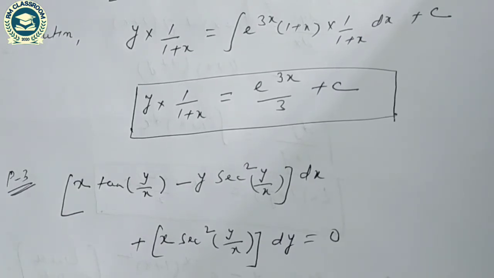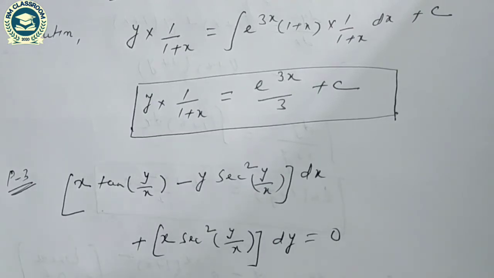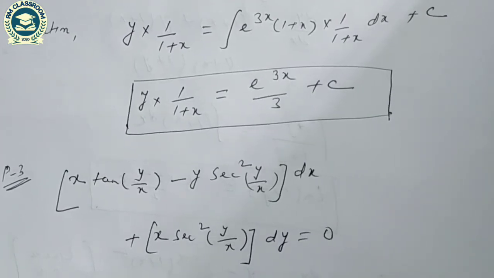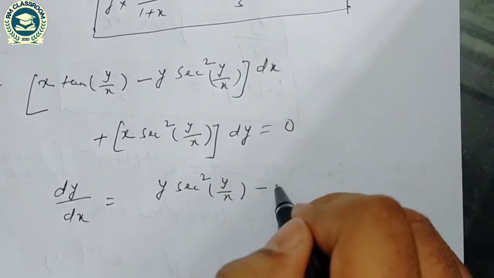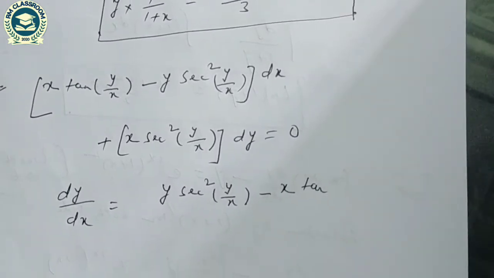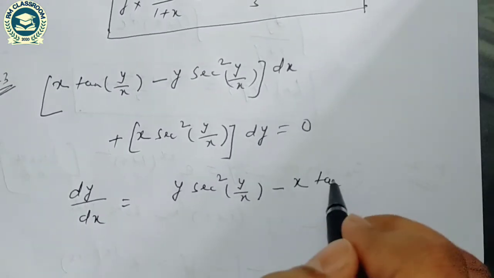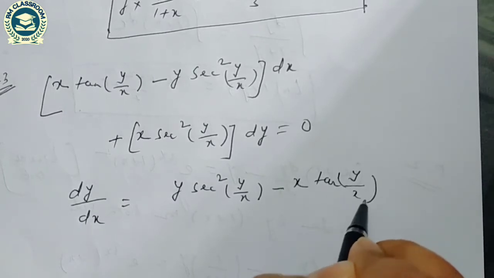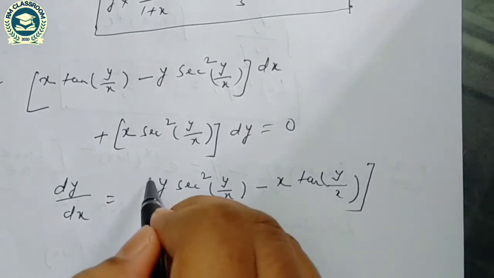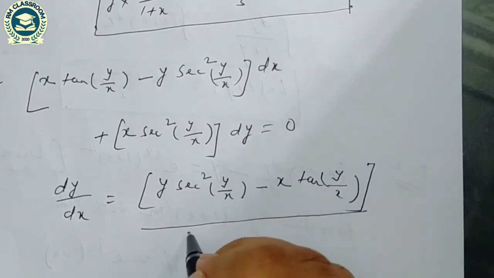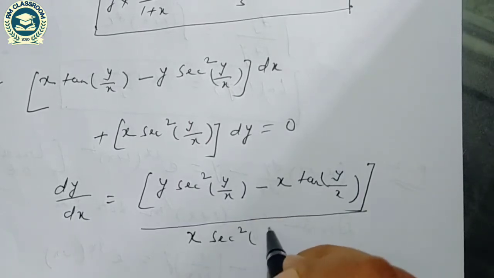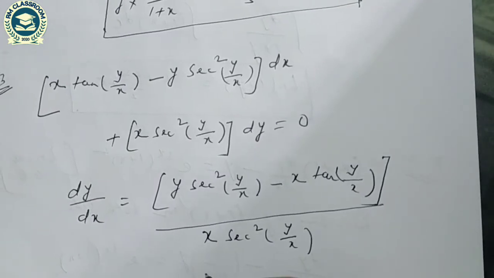So if I take the value of dy by dx, dy by dx is equal to y sec square y by x minus x tan y by x, divided by x sec square y by x.